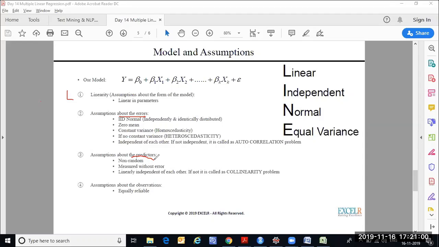What are predictors? Predictors are nothing but the input variables, x1, x2, x3, and so on.